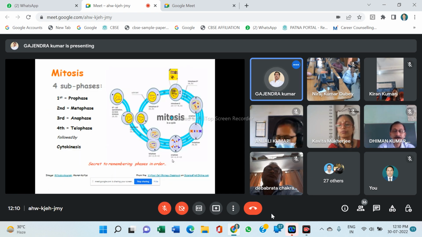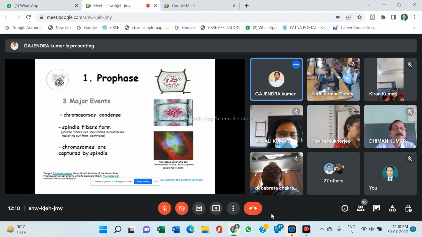As we have told that the mitotic cell division has four phases: prophase, metaphase, anaphase, telophase. The students will learn that during the prophase, major events which used to take place in the plant and animal cells are going on. Chromosomes condense, a spindle fiber forms. Chromosomes are captured by a spindle.